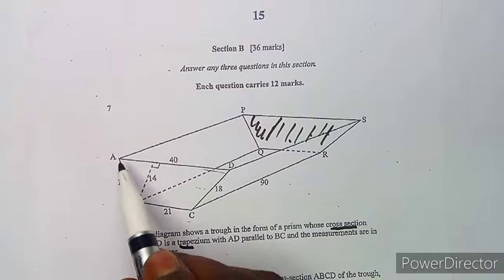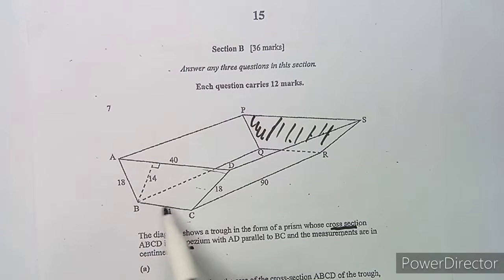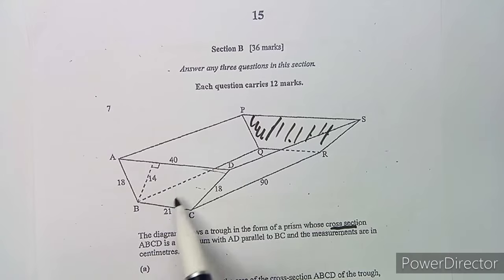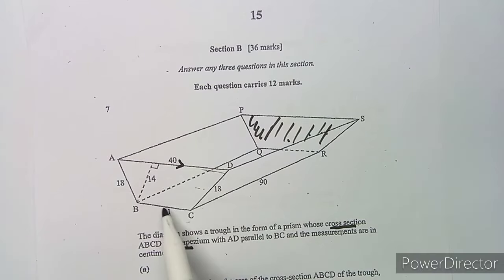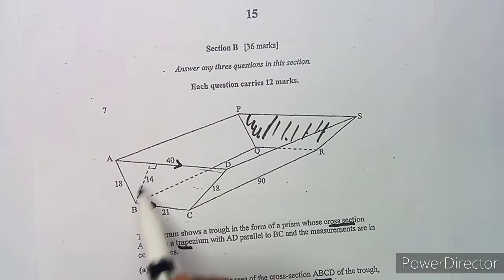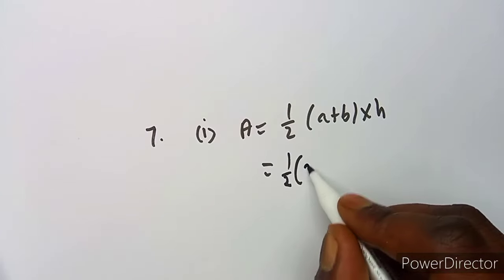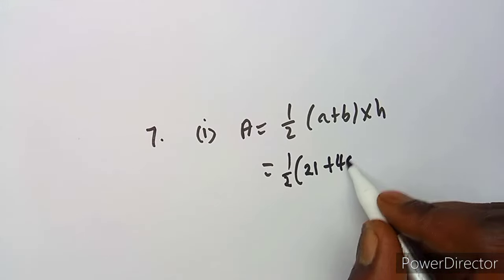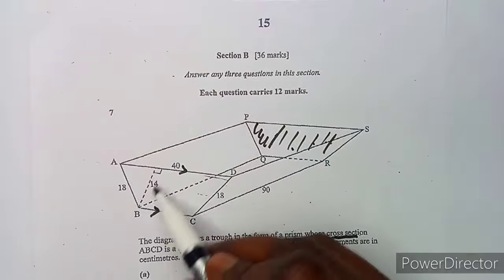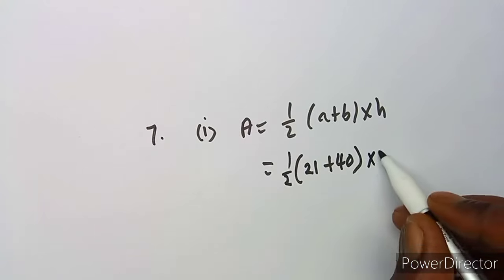ABCD, a trapezium. So the parallel sides are 21 and 40. These are the sides which do not meet, and this is your perpendicular height. So it's going to be half of 21 plus 40, these are the parallel sides, times the height of 14.